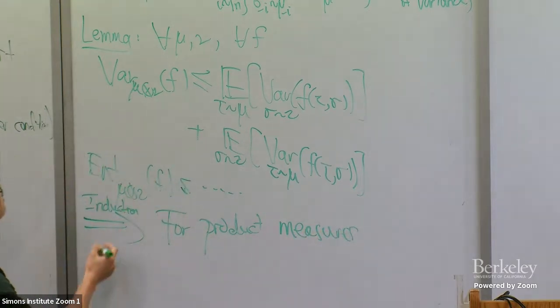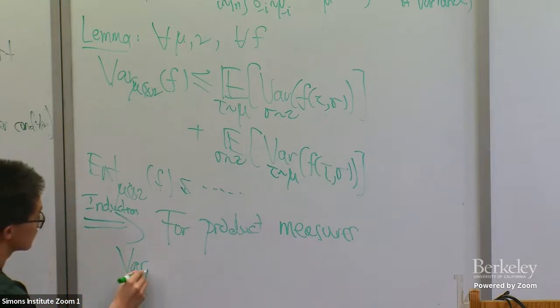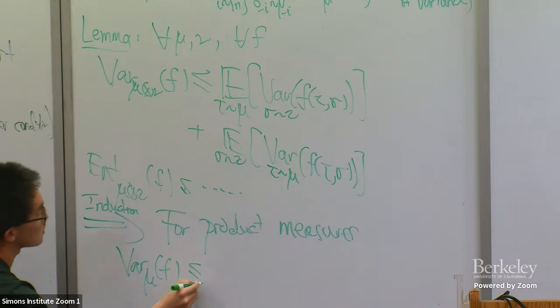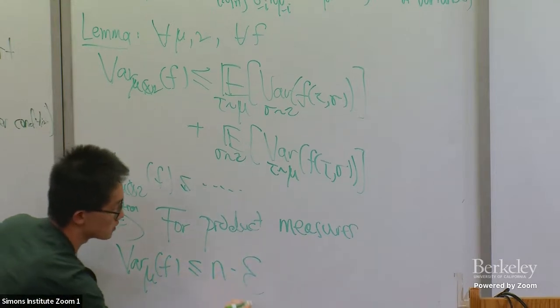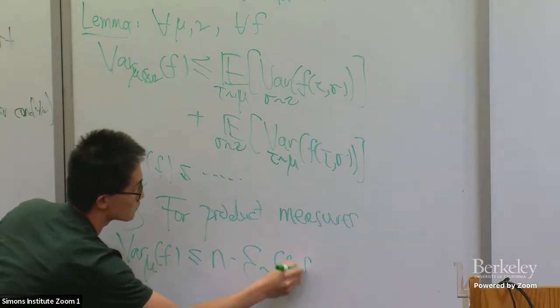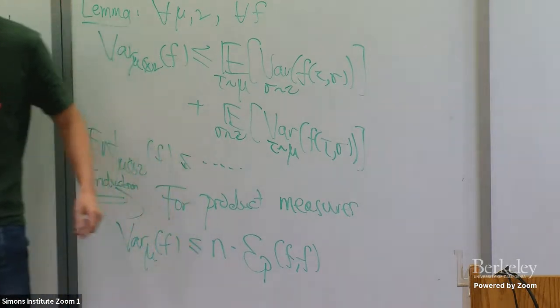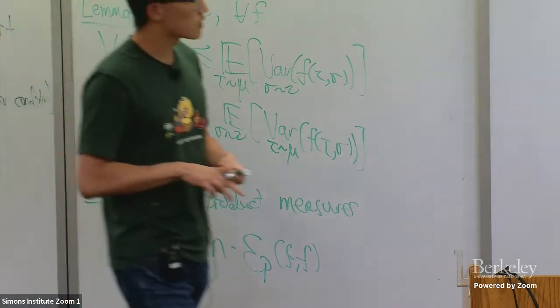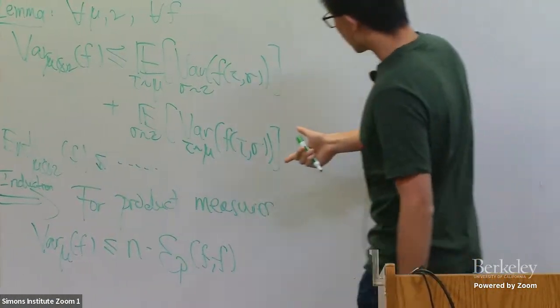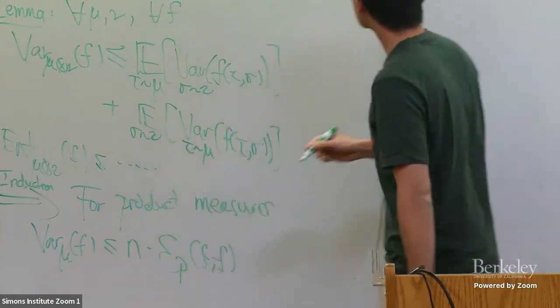you'll get basically the optimal constant there, which is, say, the variance under mu is upper bounded by n times the sum of the expected local variances. And that's the optimal constant. It really is n, with no extra hidden constants or anything. Let me also say very briefly that this holds for entropy.